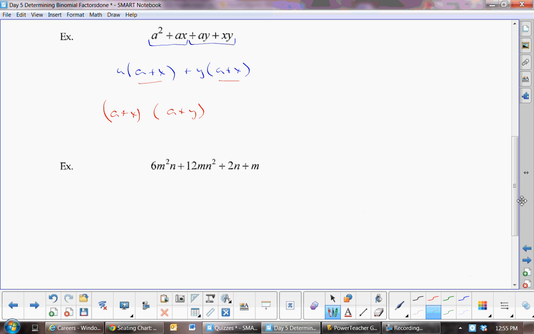Okay. Let's go to the next one. So with this group, I would take out a 6mn, which would leave me with... no, because I'm taking out a 6. m plus 2n.